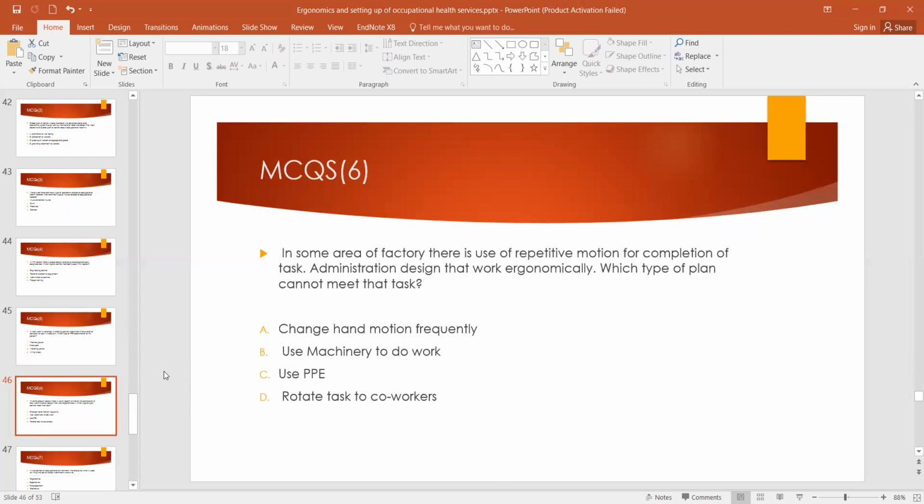In some areas of a factory, there is use of repetitive motion for completion of tasks. Administration designs that work ergonomically. Which type of plan cannot meet that task? Change hand motion frequently, use machinery to do work, use personal protective equipment, or rotate tasks to co-workers?